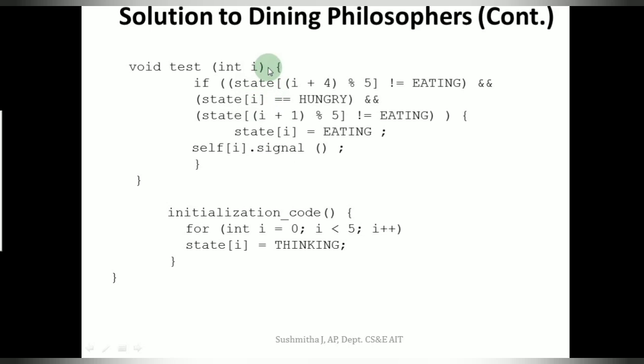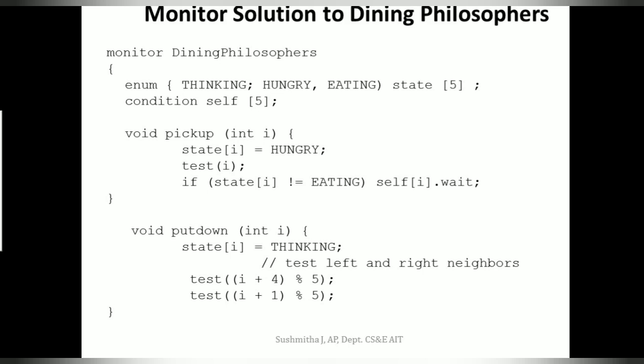So in the test function, what do we do? We check if both the chopsticks are available. If the condition is satisfied, we allow the philosopher to eat. Now if it is not eating, then it has to wait until the chopsticks are available.